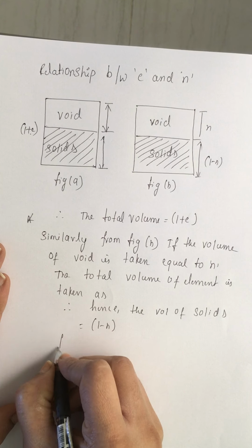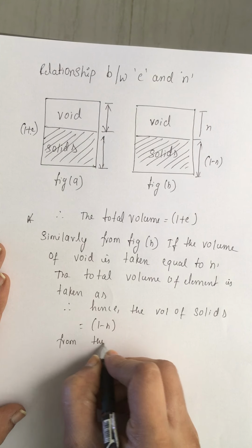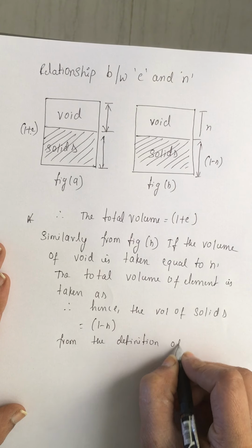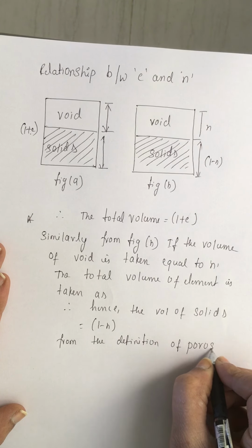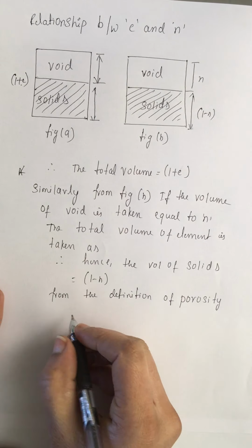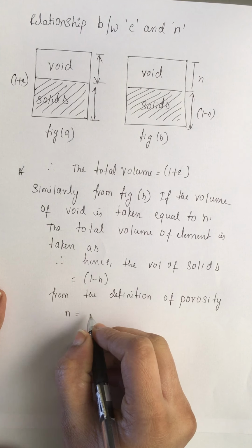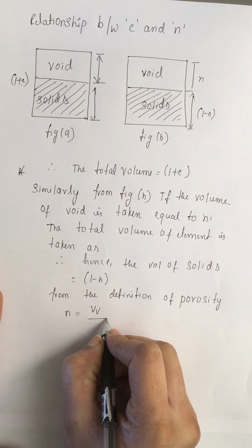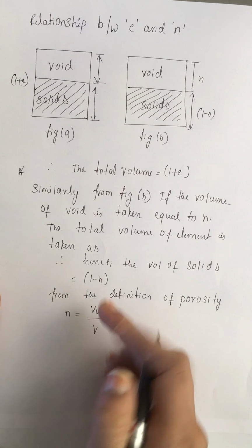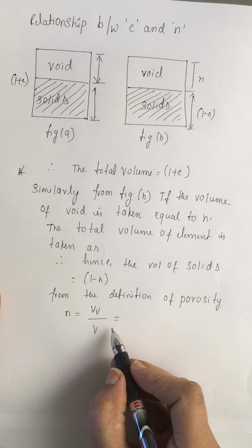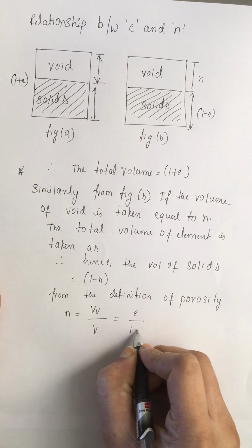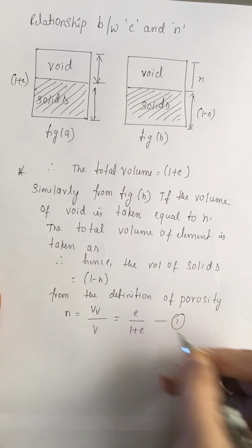From the definition of porosity, we can write porosity is equal to volume of voids divided by total volume. Here the volume of voids is e and the total volume is taken as 1 plus e, considering the first figure.